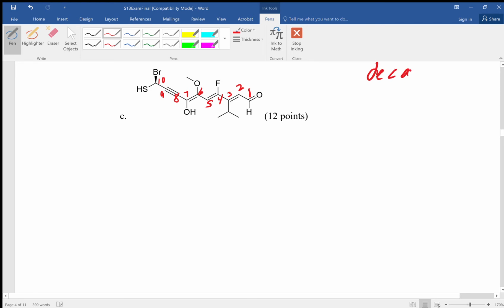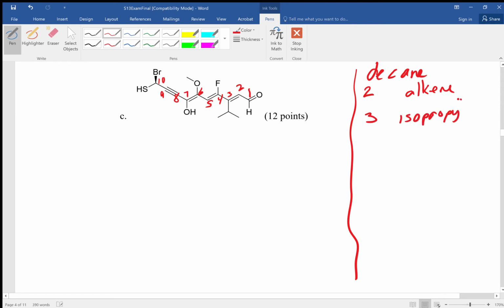as the parent name. Now, before I try and write out the name, I'm going to make a list over here of what this molecule has. At carbon 2, there's an alkene. 3 has an isopropyl. 4 has another alkene.